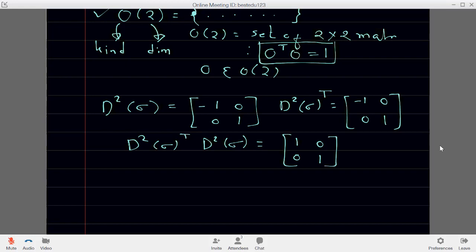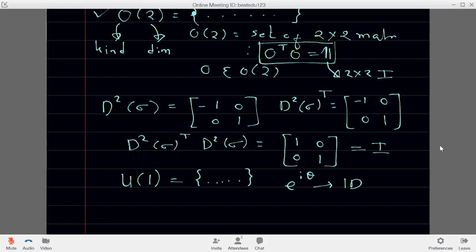When I wrote 1, this 1 means the 2 cross 2 identity matrix, represented by capital I. Remember when I was talking about U1, whenever you look at U1, you should consider this is a set of elements. What kind of elements? They look like e to the power i theta, and for various theta you have various elements. This is a one-dimensional object, that's why there is a 1 here. And U represents that the elements have a certain look.